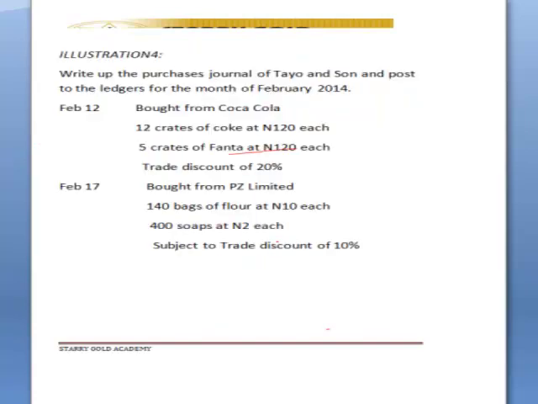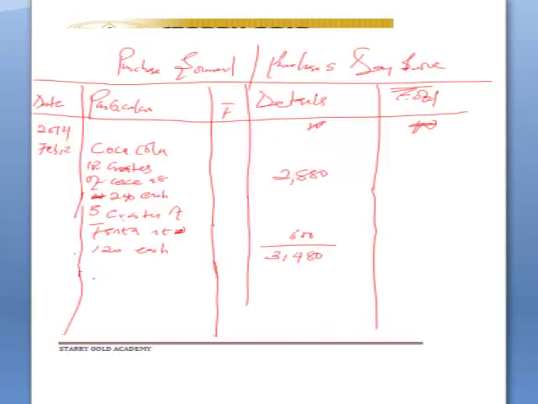Any trade discount present? We have a trade discount of 20%. So less discount, 20% of 3,480. 3,480 times 20% is 696.